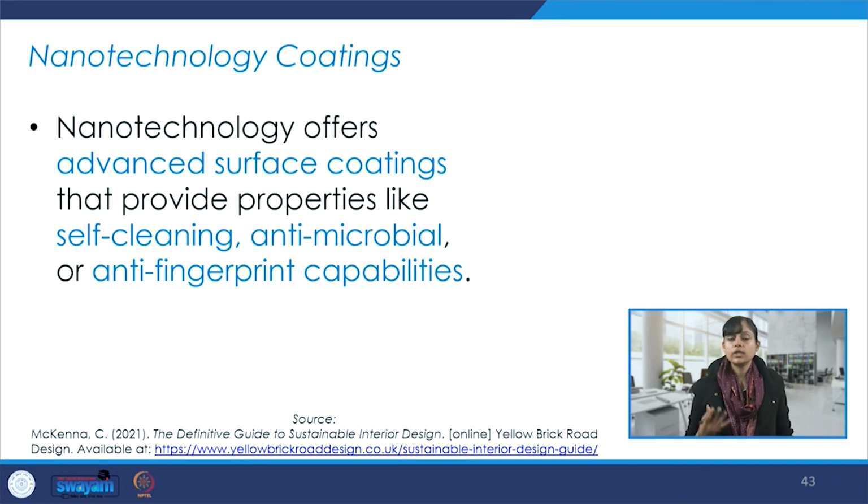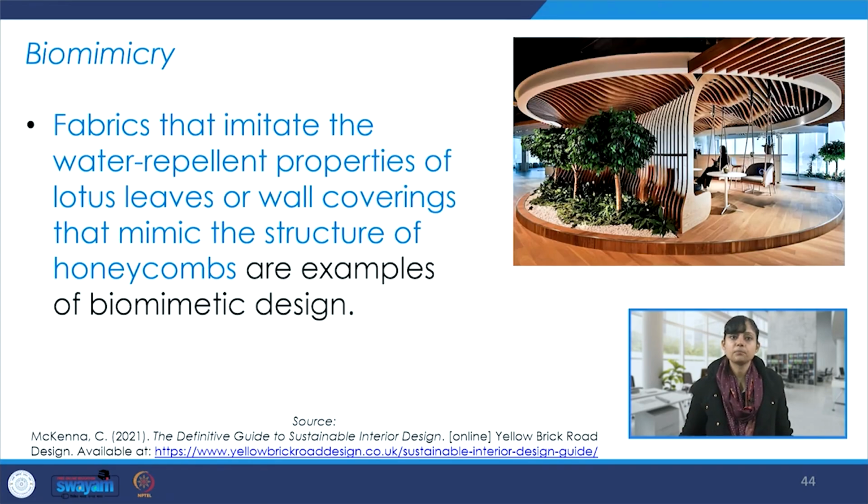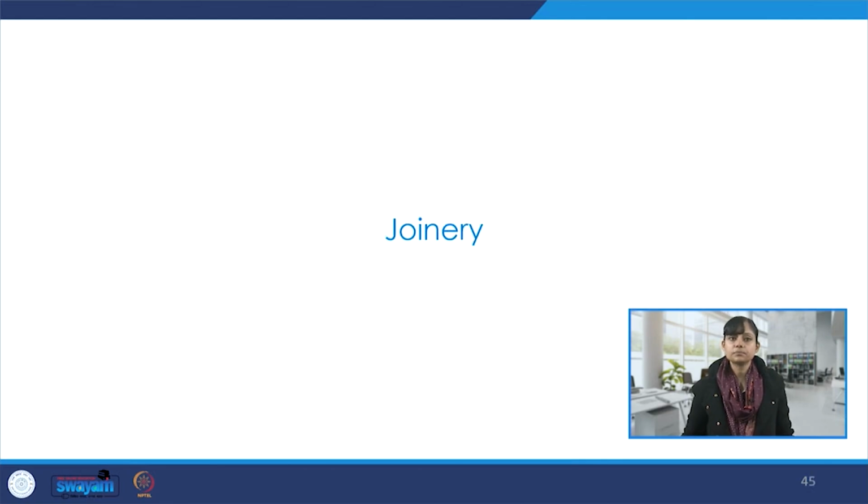We also saw nanotechnology coatings and how they offer advanced surface coatings which could be self-cleaning, antimicrobial, anti-fingerprint capabilities, and so on. We also saw biomimicry and the fabrics that imitate the water repellent properties of lotus leaves and some wall coverings, and we saw more interesting examples from biomimicry.